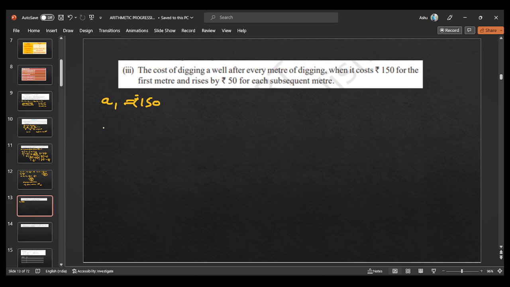Then A2, the next digging, will be 150 plus 50, that will be 200, and A3, 200 plus 50, will be 250 rupees.